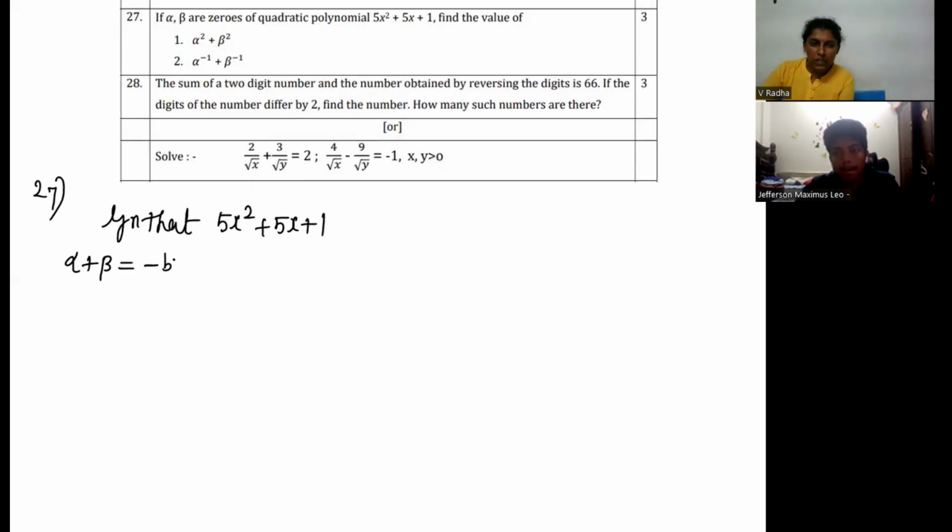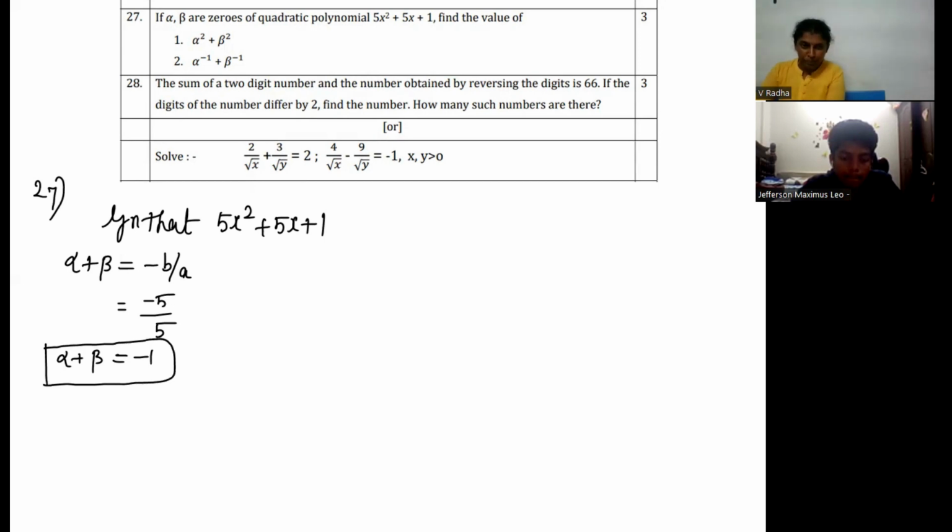Alpha plus beta is equal to minus b by a, which is minus 5 by 5, that is equal to minus 1. Alpha beta is c by a, which is 1 by 5.